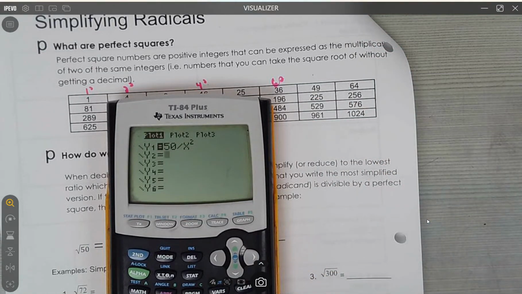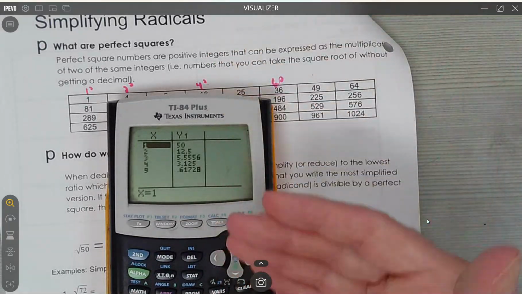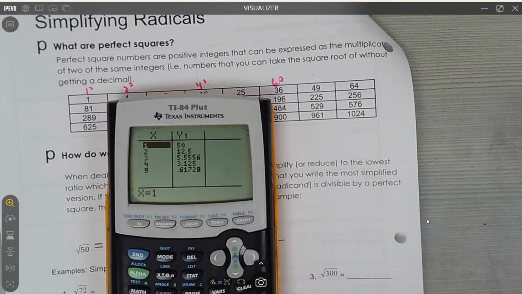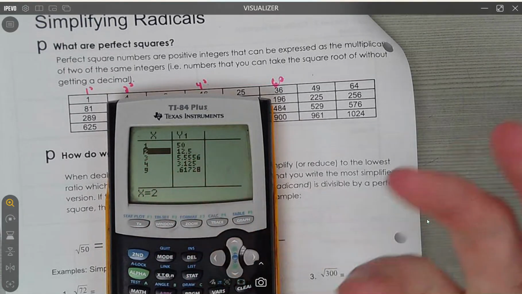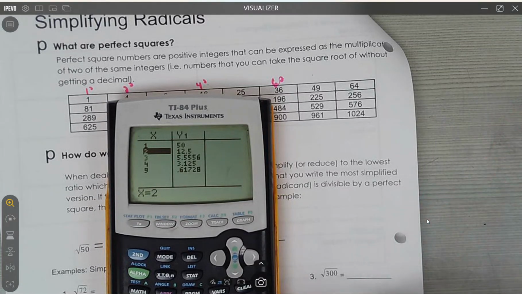Now I press second and graph, and that gets me a table. 1 goes into it 50 times, that's okay. 2 does go into it, but it goes into it 12.5 times, so it's not a true perfect square. You can see 3 and 4 don't go into it, so let's try 5. Looks like 5 squared goes into it 2 times.